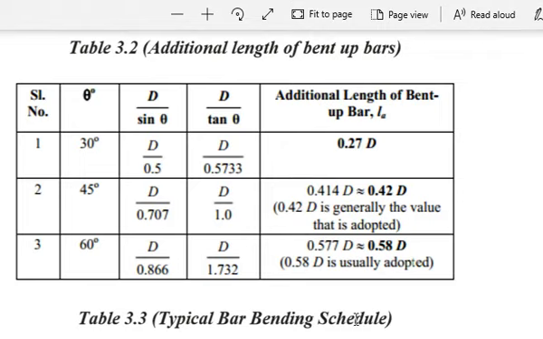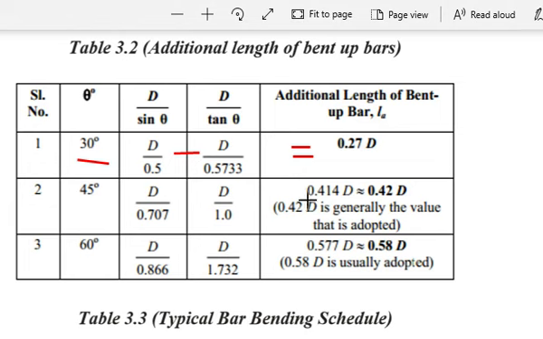If theta, that is the bent angle, is 30, then D by sine theta is D by 0.5, and D by tan theta is D by 0.577. So the additional length will be this minus this, which equals 0.27 D for 30 degrees.